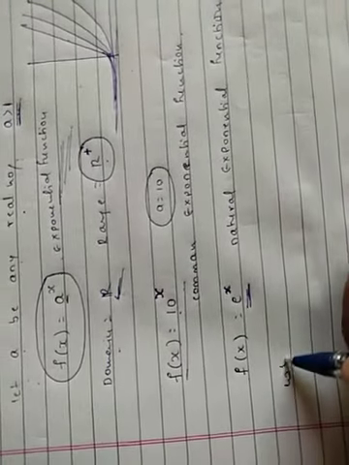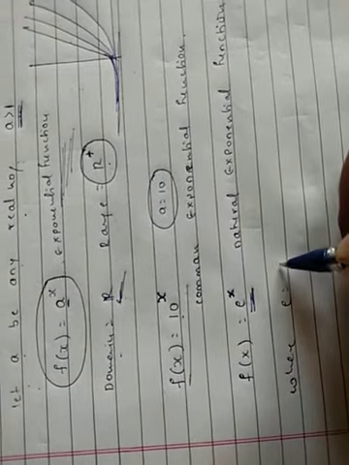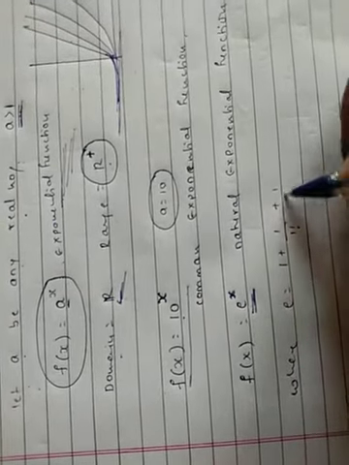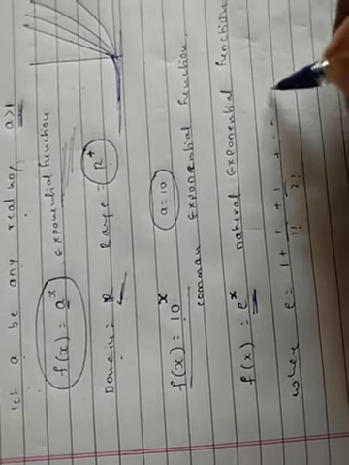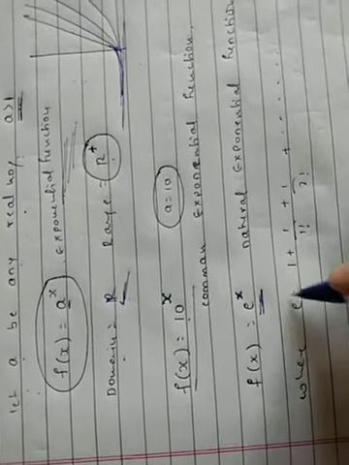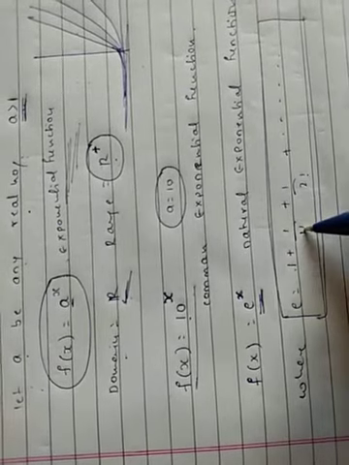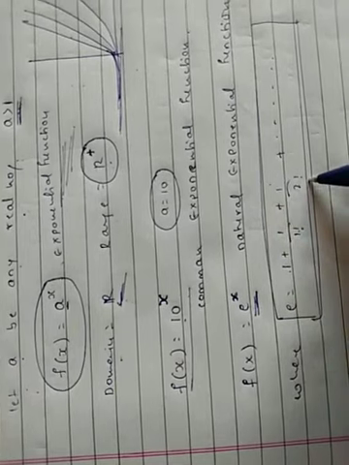where e is equal to 1 plus 1 divided by 1 factorial plus 1 divided by 2 factorial and so on. The value of e is this series: 1 plus 1 divided by 1 factorial plus 1 divided by 2 factorial plus and so on.